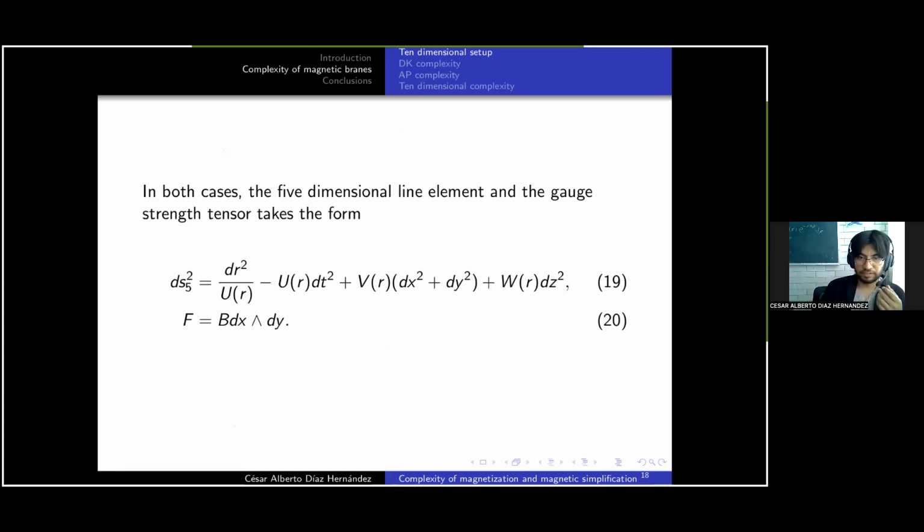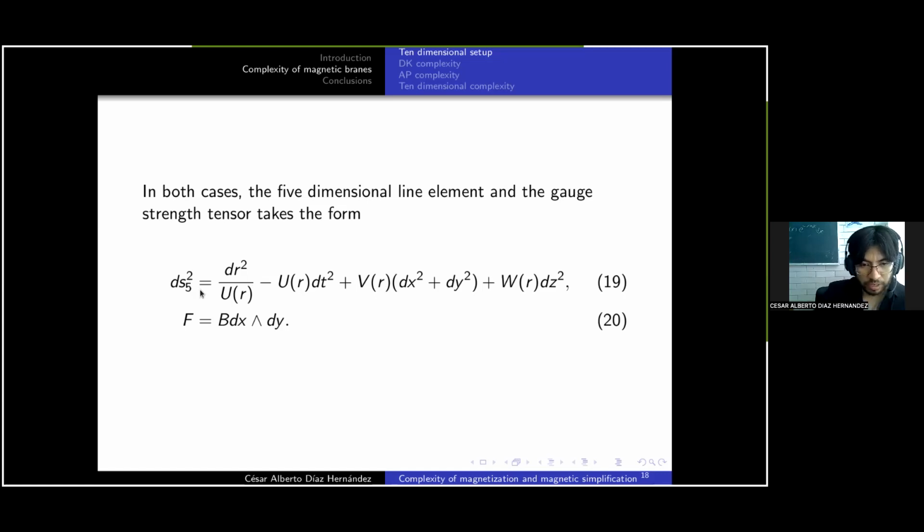But in both cases, the 5-dimensional line element and the gauge field strength tensor take the following form, where we have a magnetic field pointing in the Z direction, and the metric functions relating to the 5-dimensional line elements can be computed using a numerical analysis.